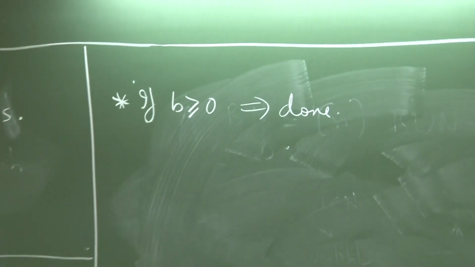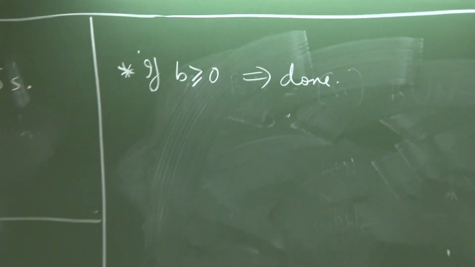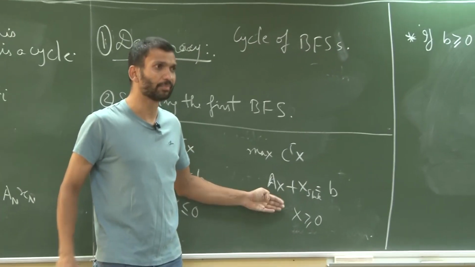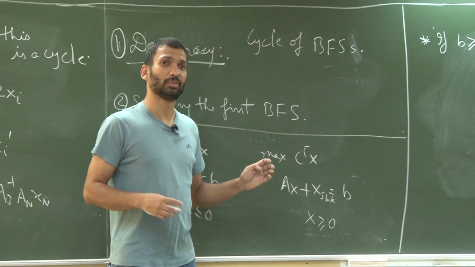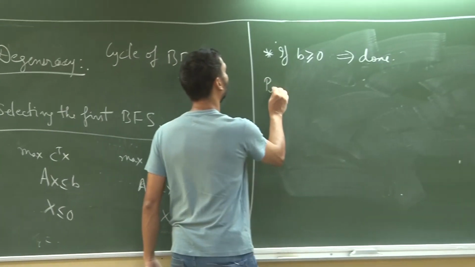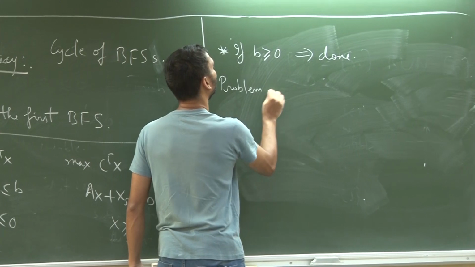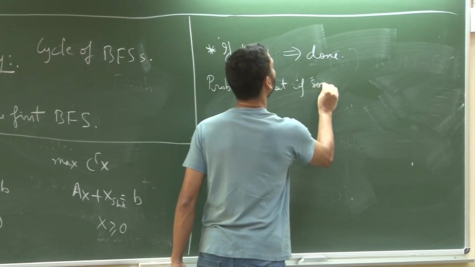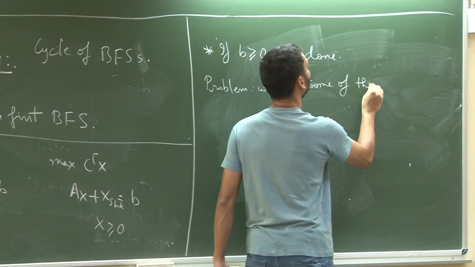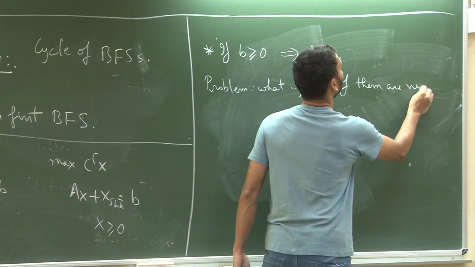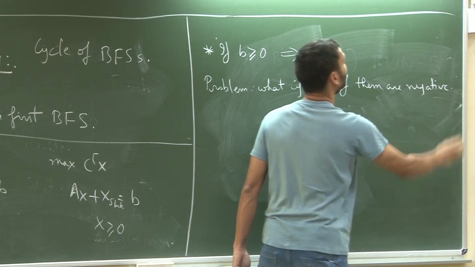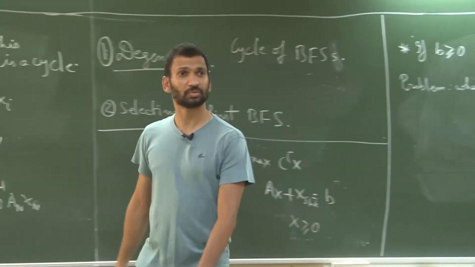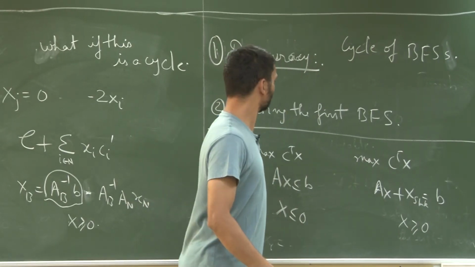That is my basic feasible solution. I will just take all the slack variables, the number of slack variables equal to m, happy. Problem is, what if some of them are negative?